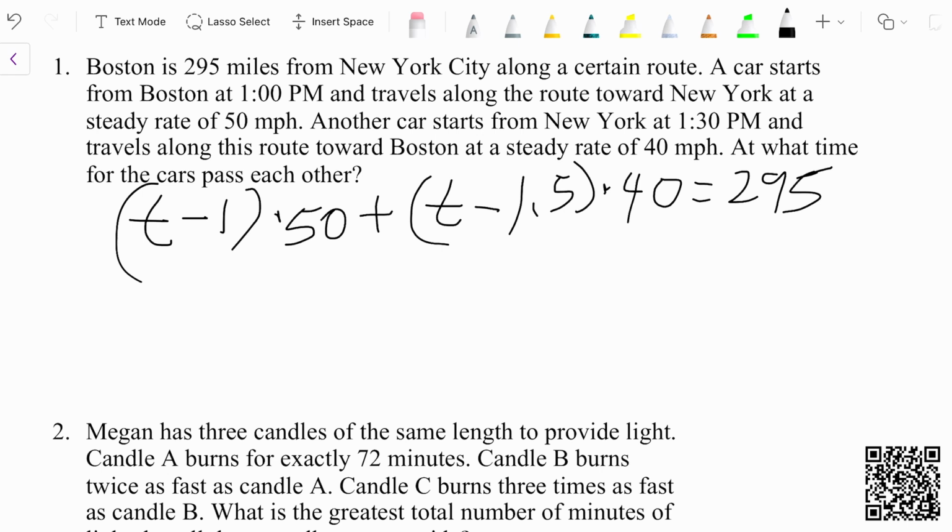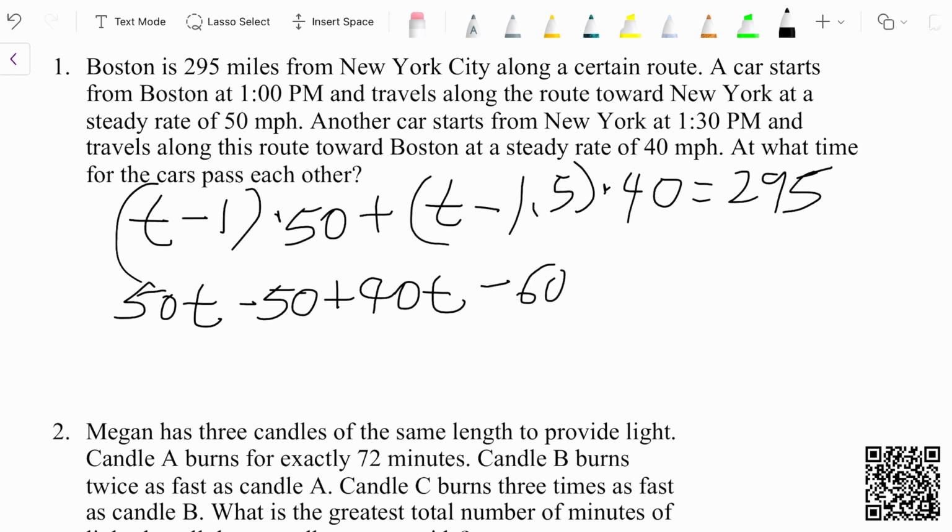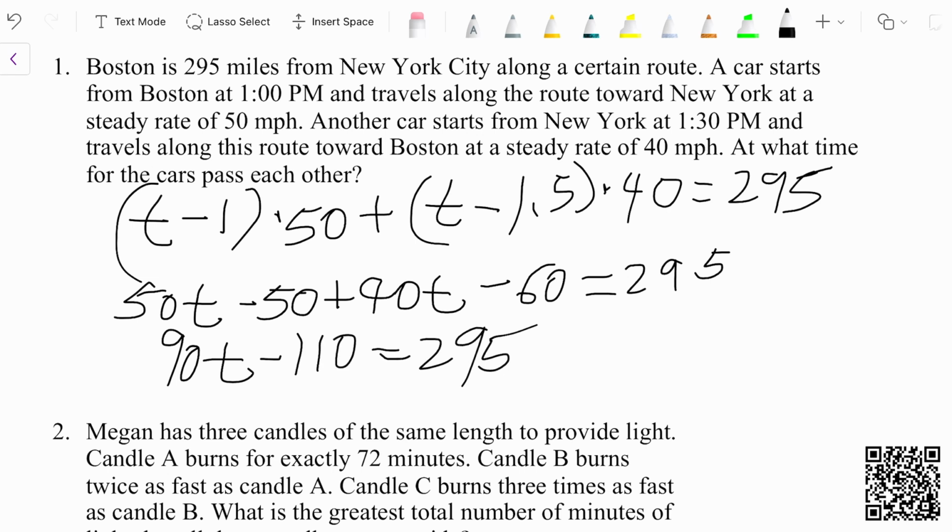So 50t minus 50 plus 40t, using the distributive property, minus 60, has to be equivalent to 295. Combining the like terms, 90t minus 110 is equivalent to 295.